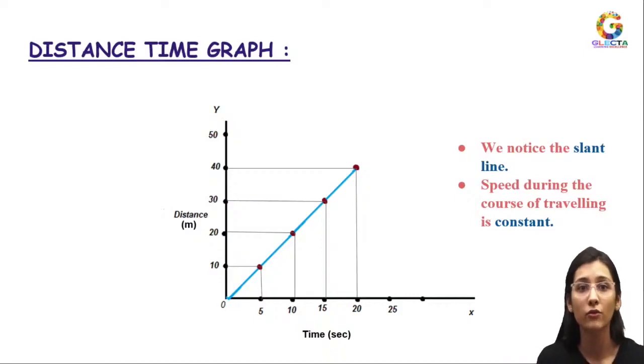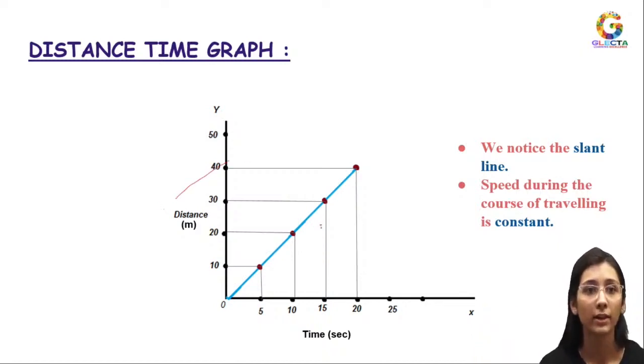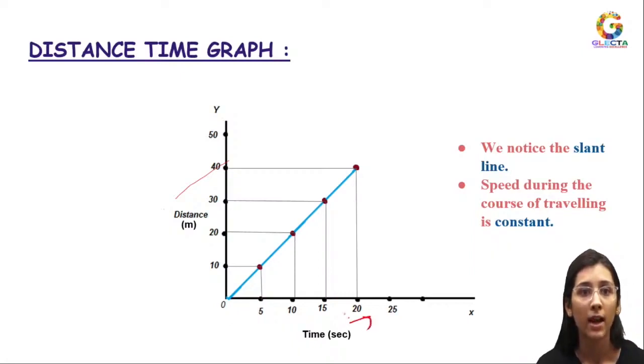Speed during the course of traveling is constant. So there is a straight line, right? This straight line is represented over here. This is the time, and up here, this is the distance, and this is the origin.